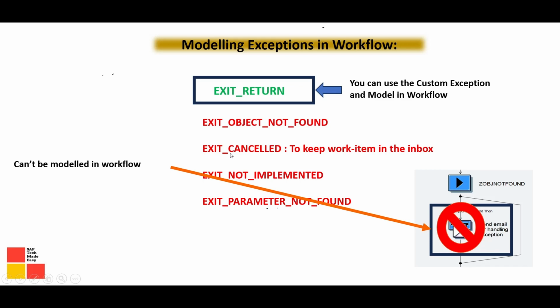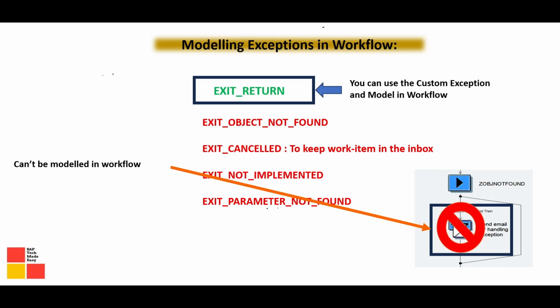Exit cancel will help you keep your work item inside the user's SAP inbox even after taking the action. For example, let's suppose you are getting one work item to change the material and save the description. You are changing the material and saving its description, but the length of the description is not meeting the qualification criteria for saving the material.